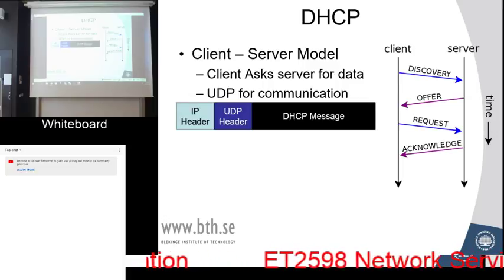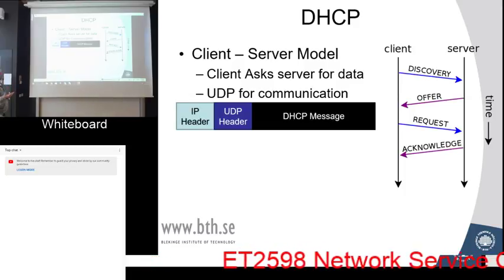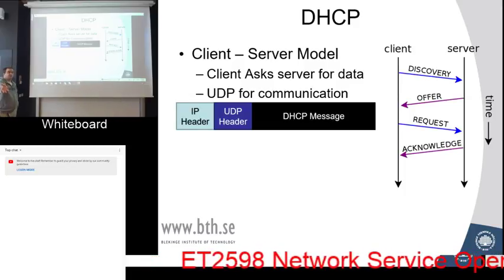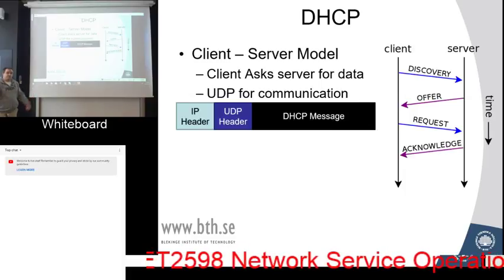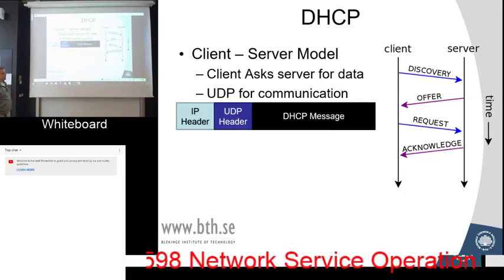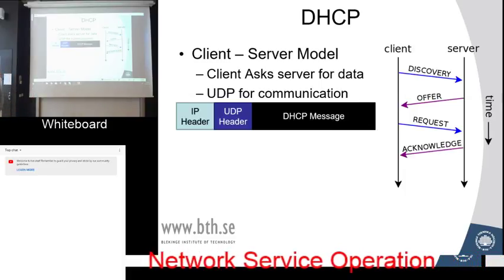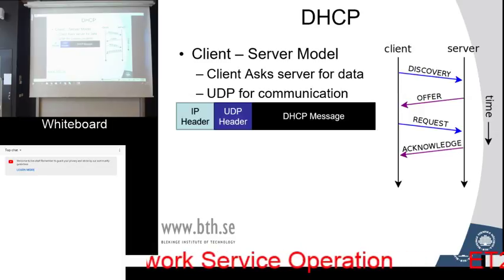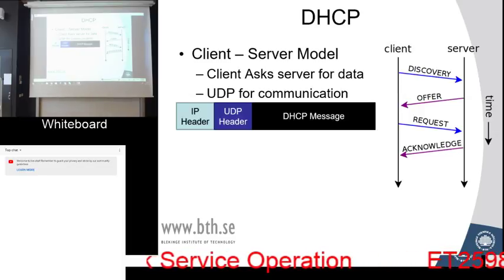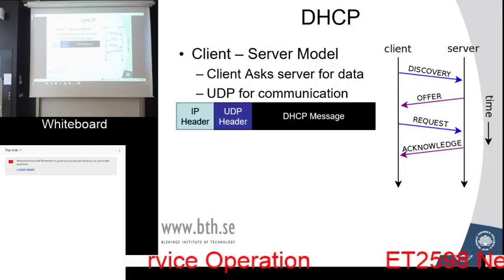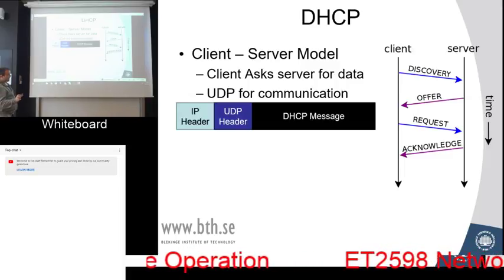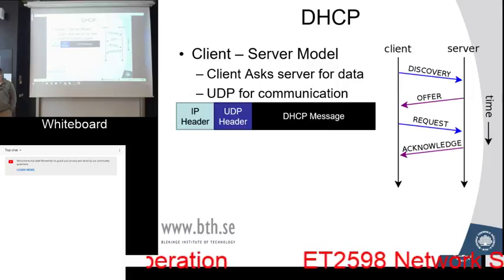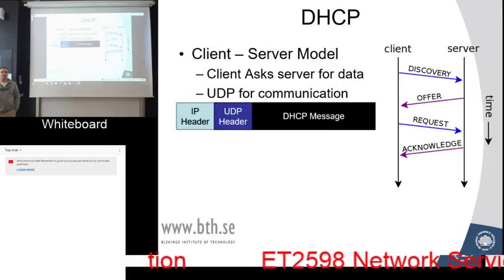The server then acknowledges it, and at that point in time, the lease is confirmed. A lease is the duration of time when an IP address is assigned to that client.